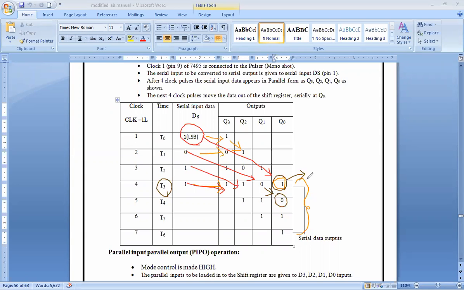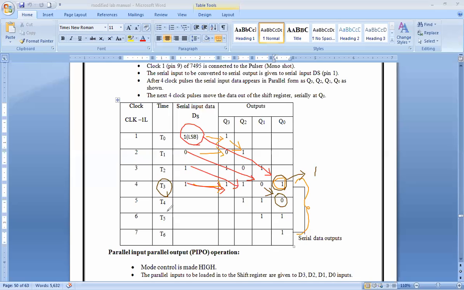So what is happening here? Am I taking the values in parallel or am I taking the values in serial? Yes, students? Serial, sir. Yes, correct. At this point, I'm getting only 1.